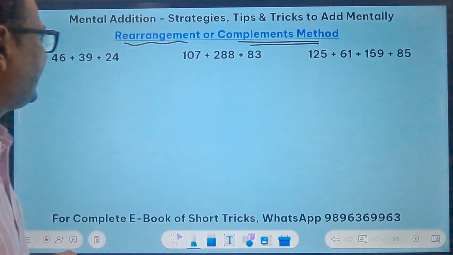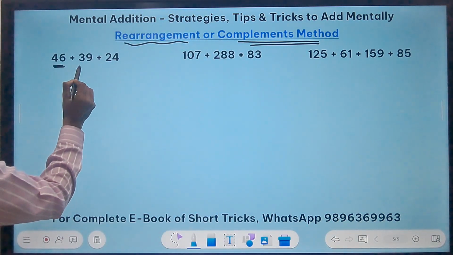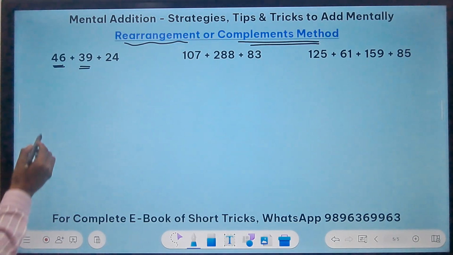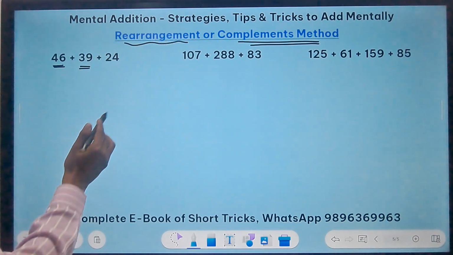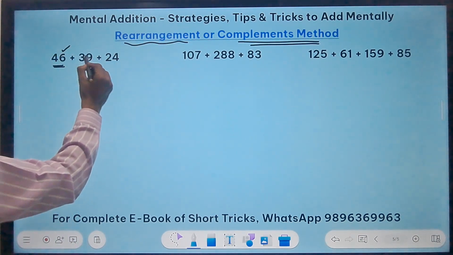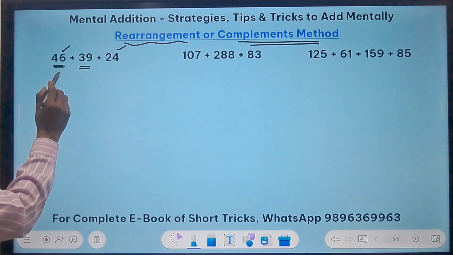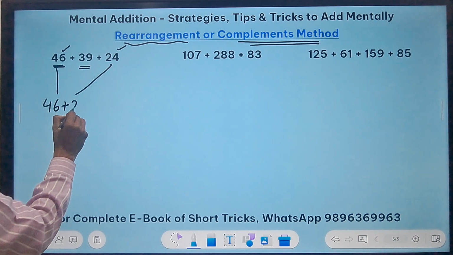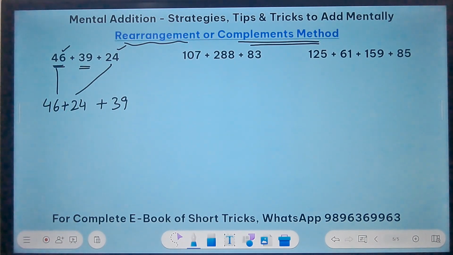See, let's take this example. Now so many of the students will do 46 plus 39 and commit all sorts of errors. Don't you think the rearrangement according to complements, like you have a 6 here and a 4 here, 6 and 4, they add up to 10, and therefore adding 46 and 24 is far easier than adding 39 to 46, right?